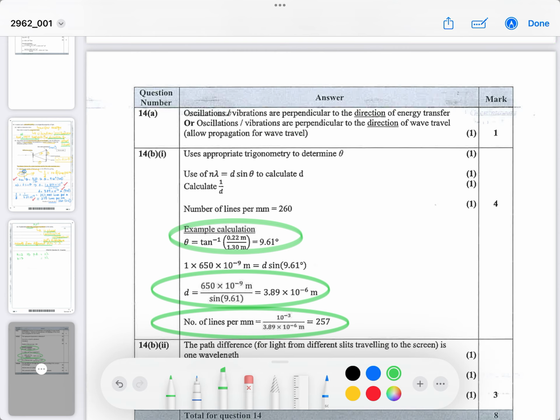You could actually make an equation where you change n lambda equals d sine theta to do 1 over d. So if you did 1 over d, you could have come up with a new equation which will give you the answer directly to get to what they wanted.